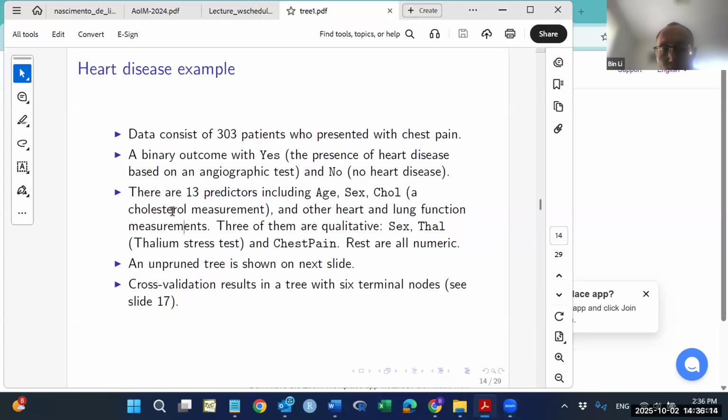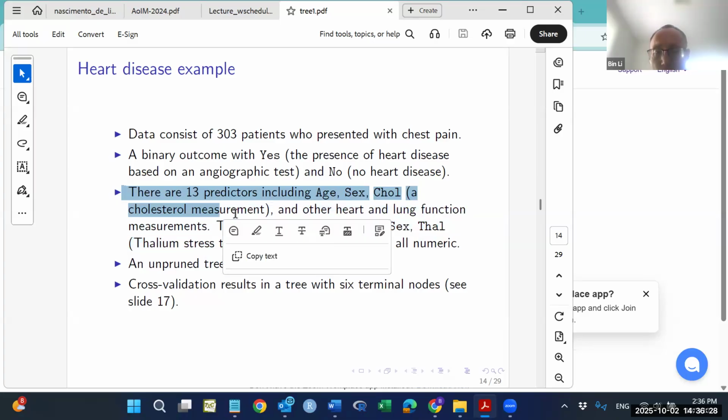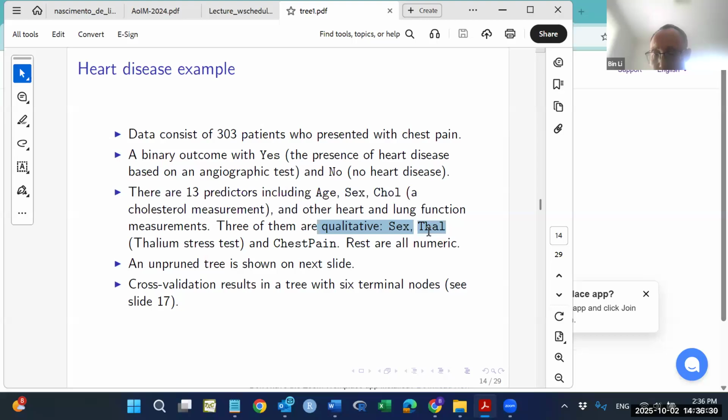Here we have 13 predictors: age, gender, cholesterol measurements, and other heart and lung function measurements. And three of them are qualitative: gender, sex, and the chest pain.